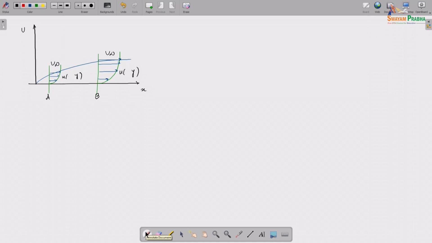We are saying that there is one component of velocity here which is predominant, which is the x component of velocity, which is u. This is the predominant velocity component.